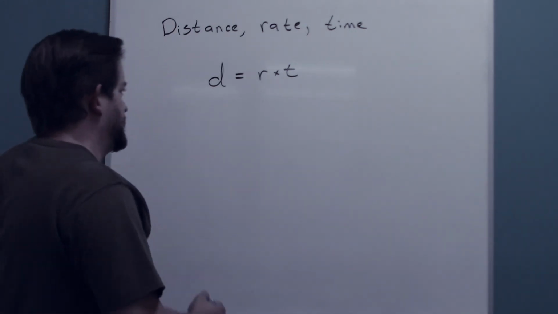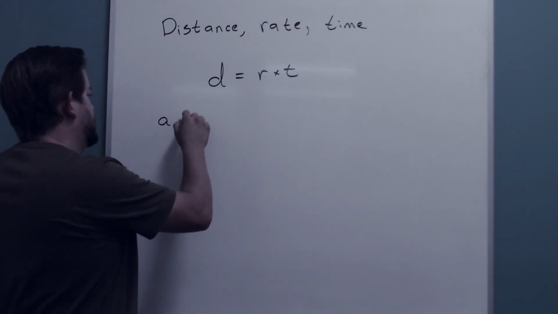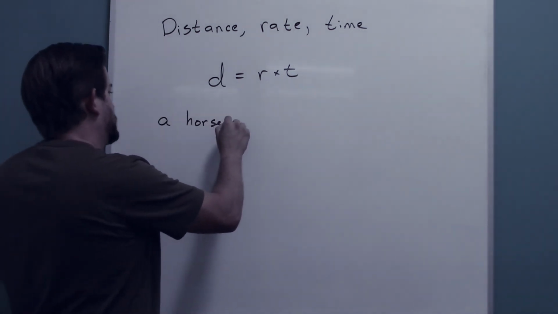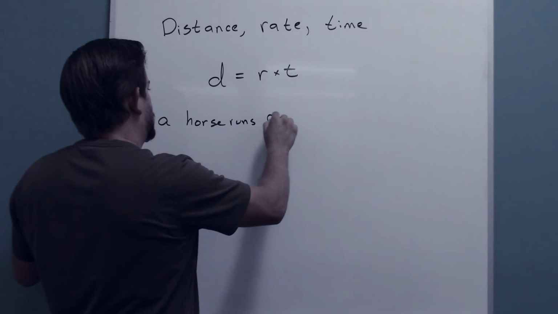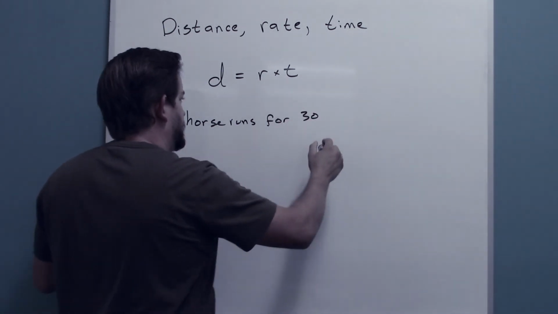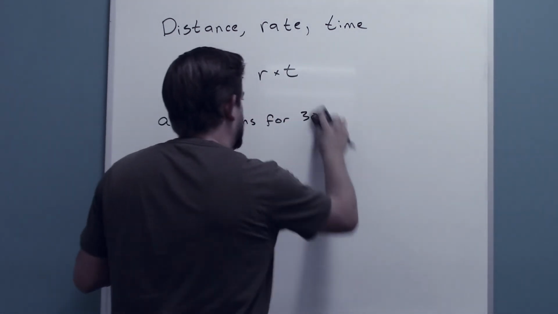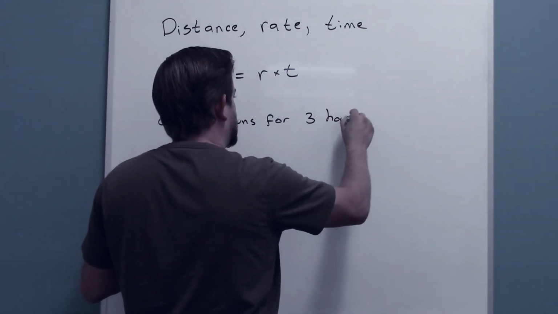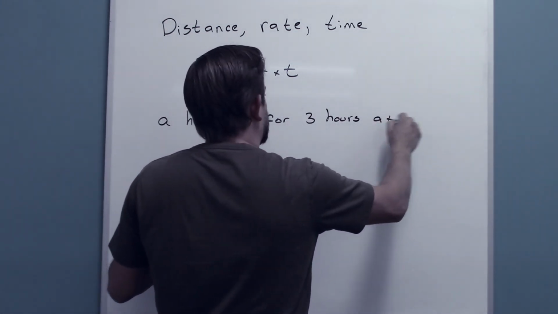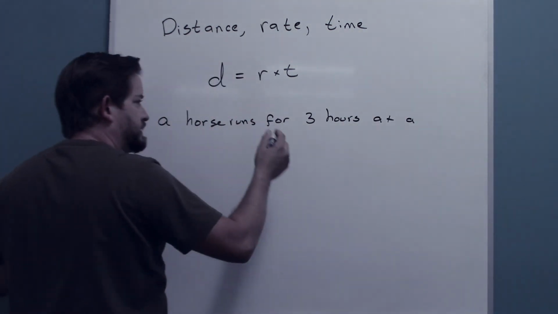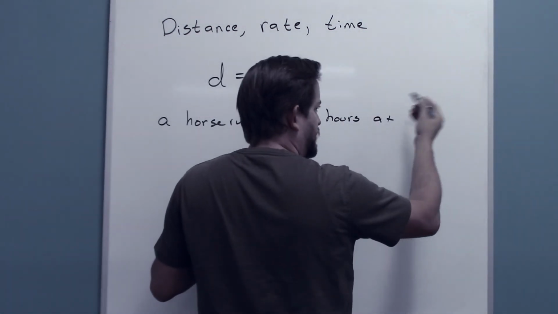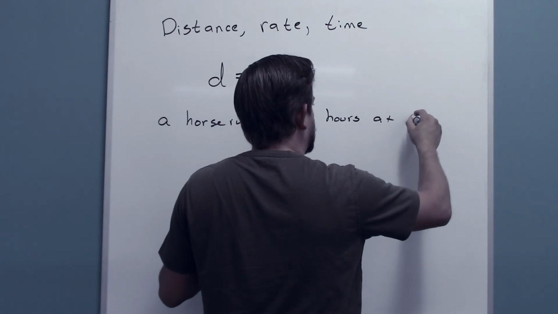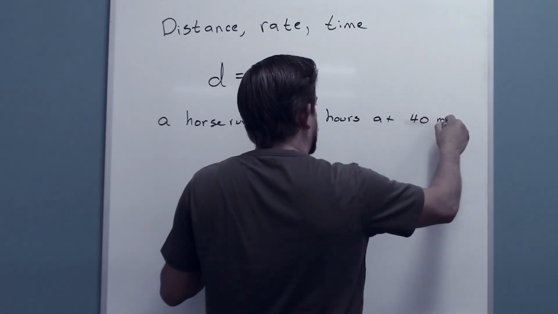So something simple like, say, a horse runs for, let's say, 3 hours at a rate, let's just say, 40 miles per hour.